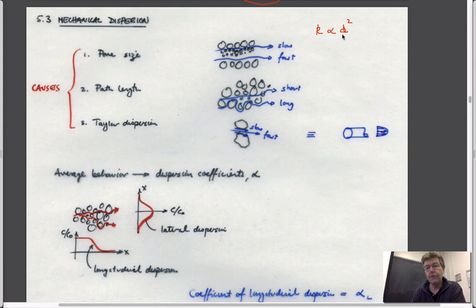So if you have very small pore spaces, the permeability will be very low, and therefore, since we know that advective velocity is equal to hydraulic conductivity, permeability over viscosity times change in pressure, just our other way of writing Darcy's law.